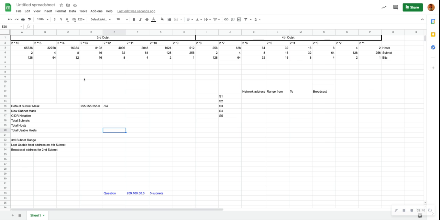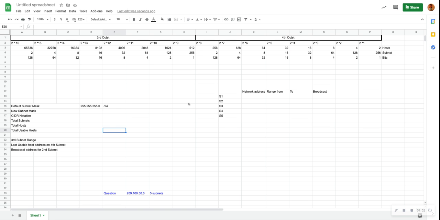So by standard, the class A addresses have a lot more hosts because they've got more bits available on the host portion, and the class C addresses have more network addresses because they have more bits filled in the network portion. So in this scenario, we'll start with a question.